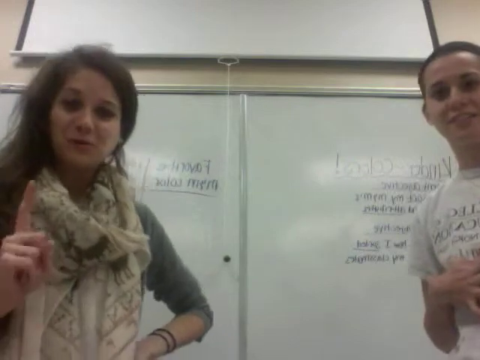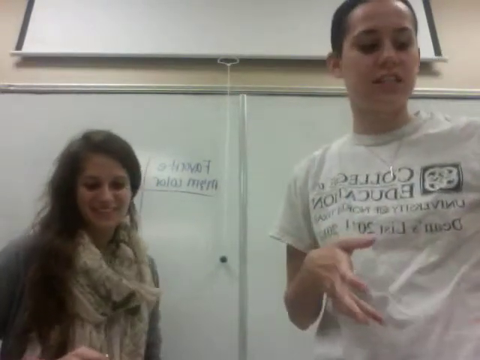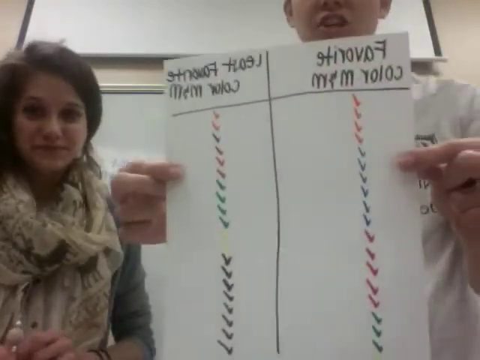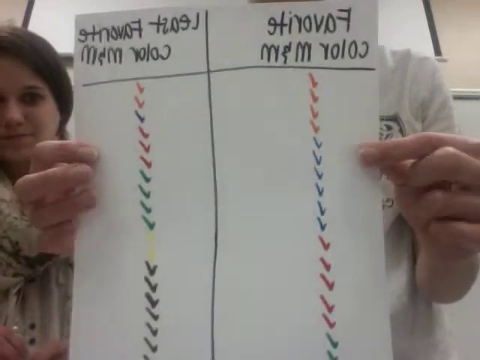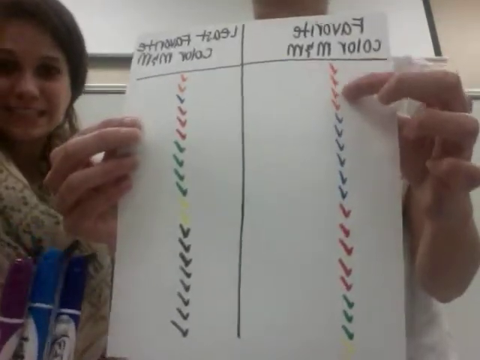Remember you can only have one favorite. We talked about the word favorite last week. And then we will do the same for your least favorite. And this is what the end chart would look like on the board. And each check would be done in that color so the children can see the colors for each.